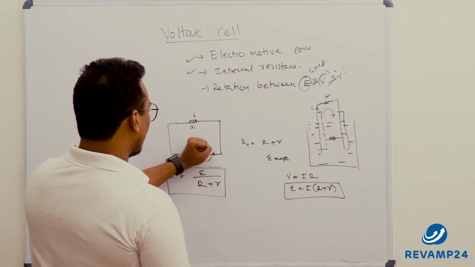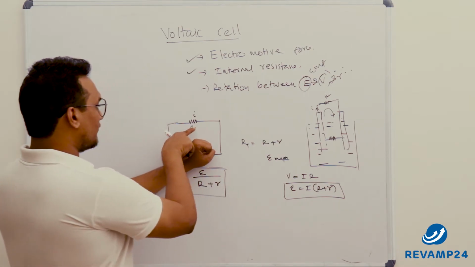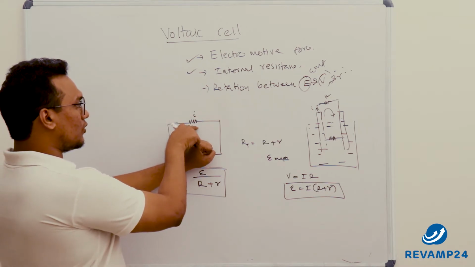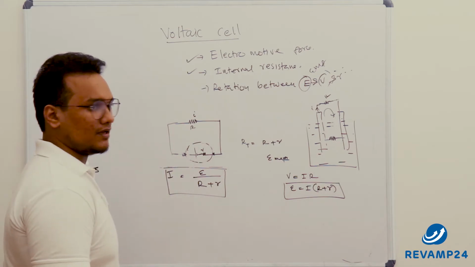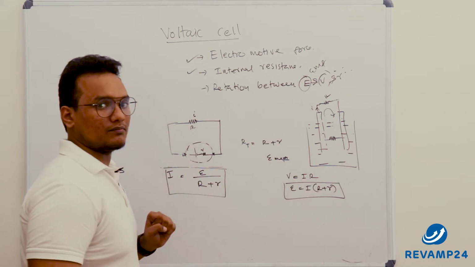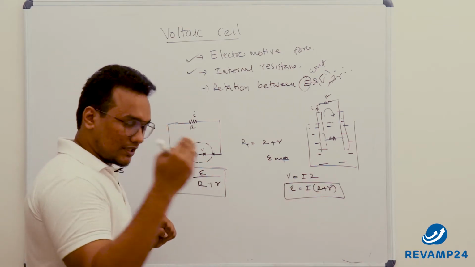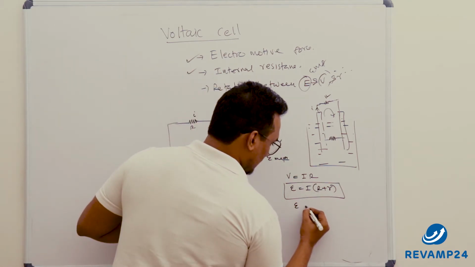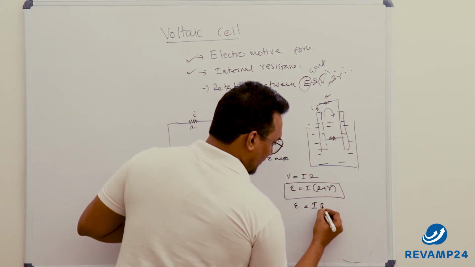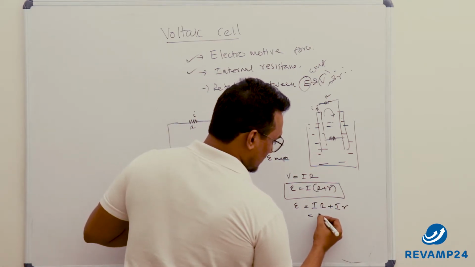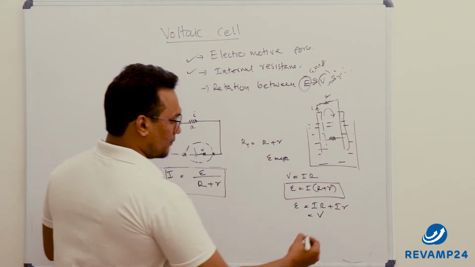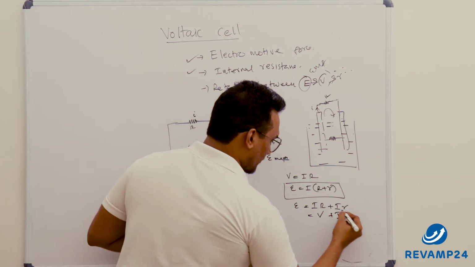If you are taking the battery as one unit and when we multiply I into R, we will get the potential difference between the terminals, right? So I into R is nothing but terminal voltage. So E is equal to I into capital R plus I into small r. So I into capital R here is terminal voltage V plus I into small r.